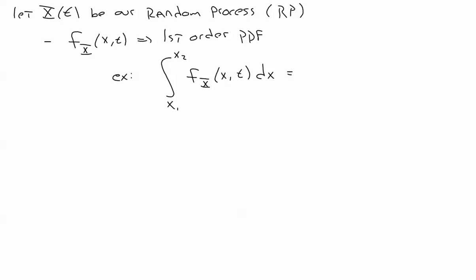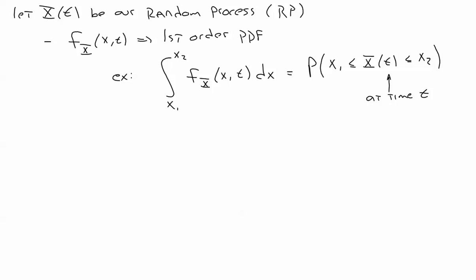We could integrate our first order probability density function between x1 and x2, and what that tells us is the probability that my random process falls between limits x1 and x2 at time t. That's the probability that my random process takes on a value somewhere between x1 and x2 at time t.